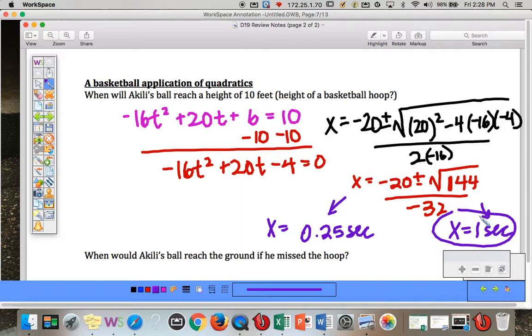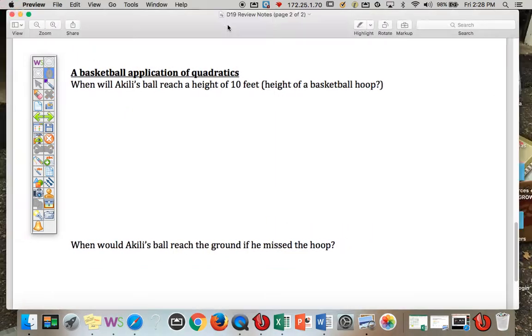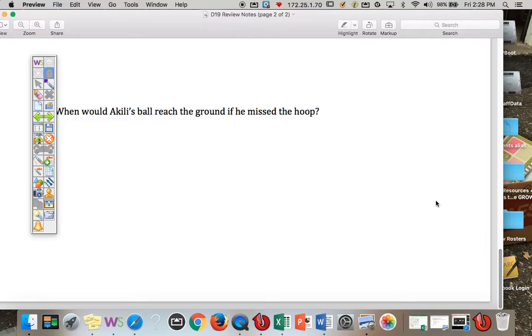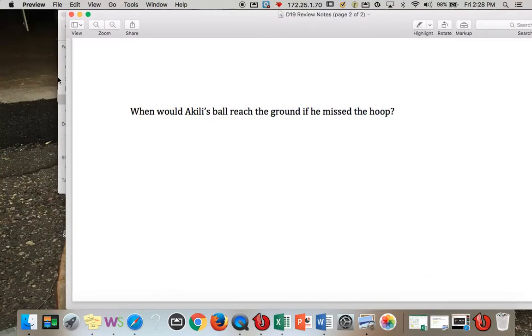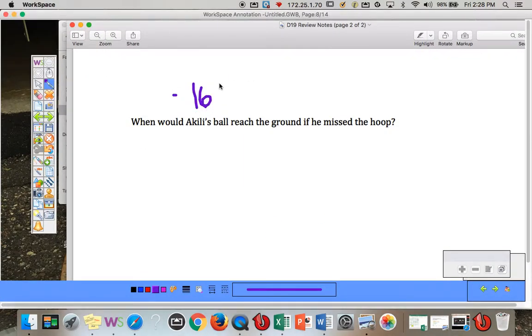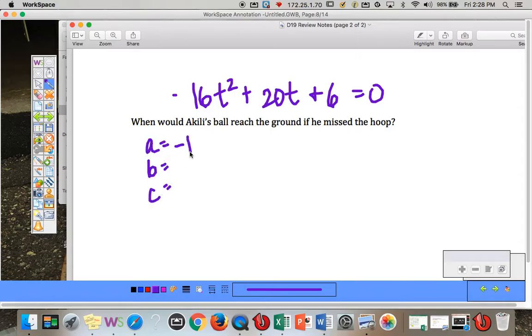When would Achilles' ball reach the ground if he missed the hoop? So again, that's the quadratic formula, but this time we use the original equation, which would be this. Negative 16t squared plus 20t plus 6 equals 0. So again, you would find a, b, and c and use the quadratic formula to solve. So this one I'll set up for you and you can solve.